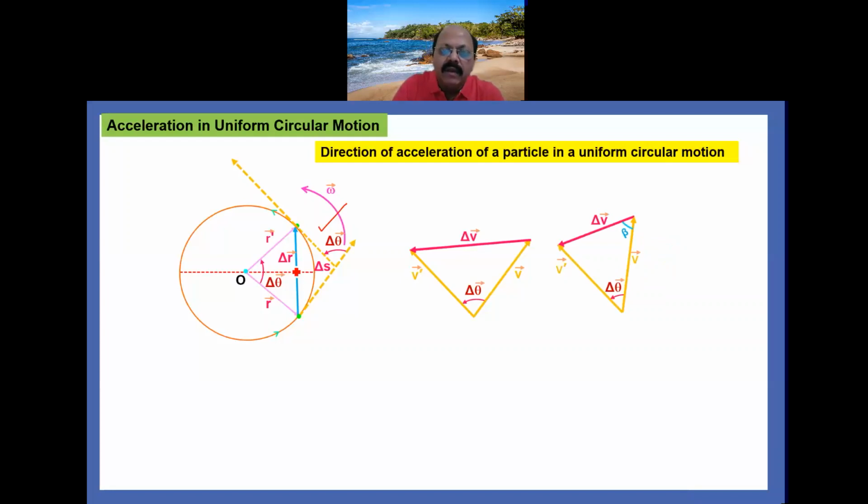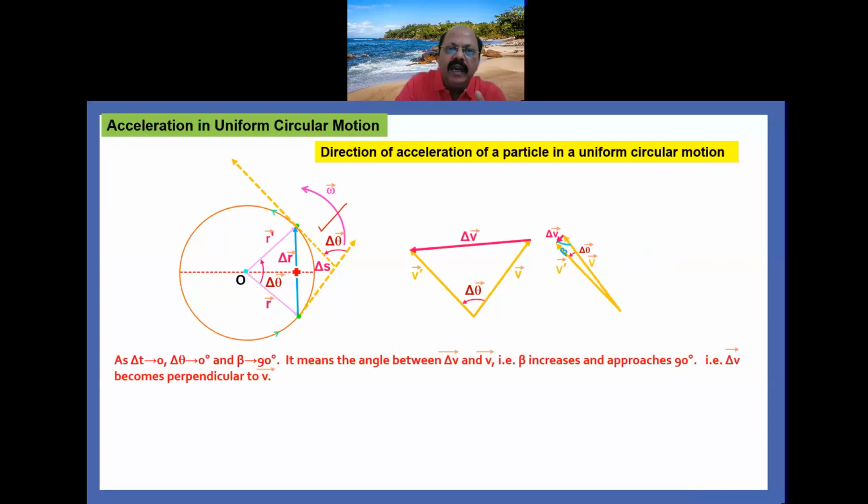As we bring v vector close to v dash vector, that is, as the particle moves from P towards P dash, the angle beta, which is shown here, reduces. That is, delta t tends to 0 but is never 0.